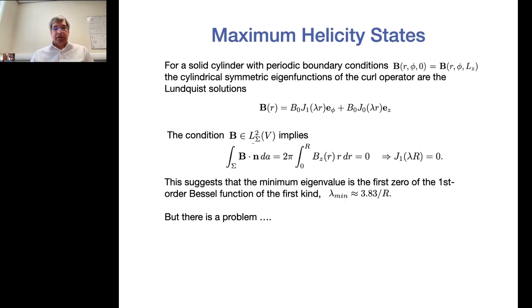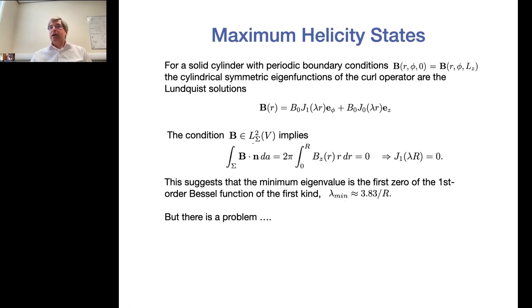Right. So how does that look in reality? Instead of a torus, we use a cylinder with periodic boundary conditions. This makes the geometry much nicer.